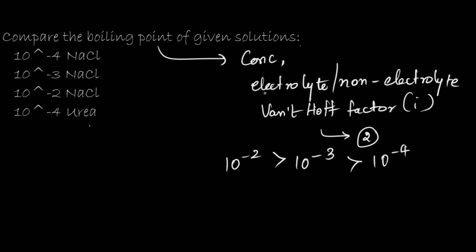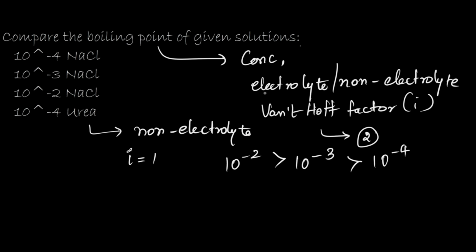Urea is a non-electrolyte, so it will not dissociate, and the Van't Hoff factor becomes only 1. At the same concentration, it will have a lower boiling point than NaCl.